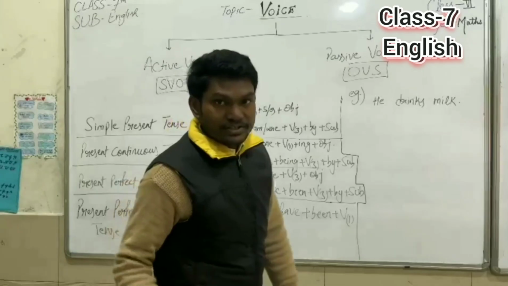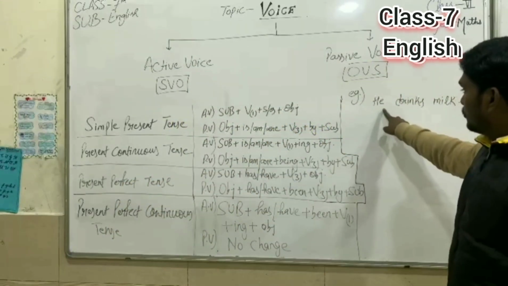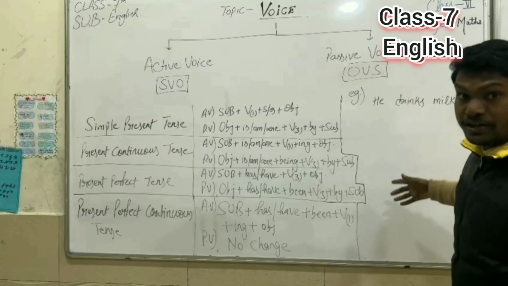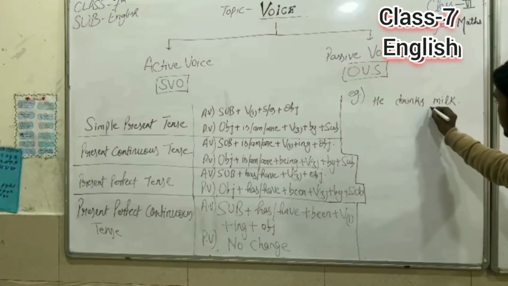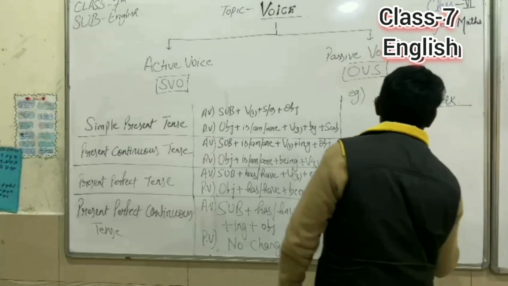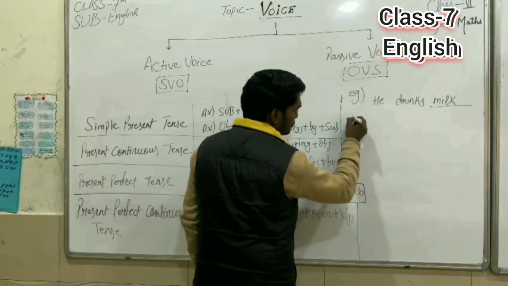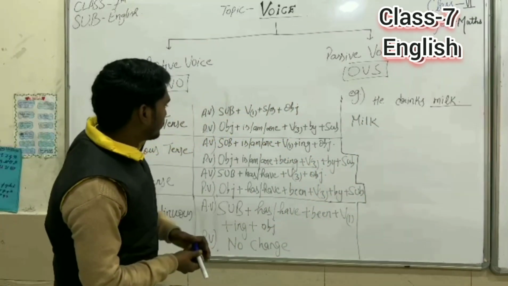It is quite necessary for us to find out the object in the sentence. He drinks milk. What does he drink? He drinks milk. So milk will be considered as the object. So let us write milk first. Milk. We have written the object here.